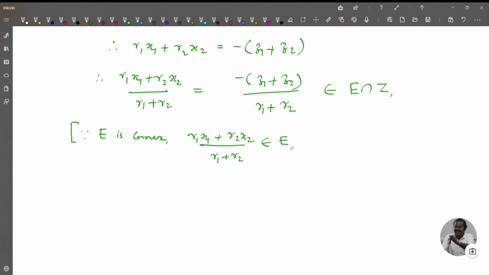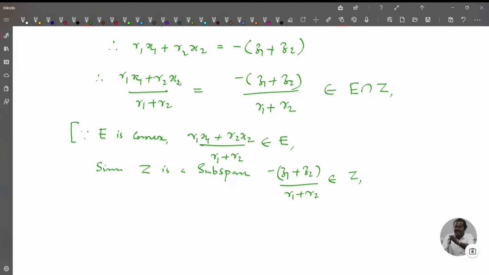Since Z is a subspace, minus Z1 plus Z2 divided by R1 plus R2 belongs to Z, since Z1 and Z2 are elements in Z and Z is a subspace.